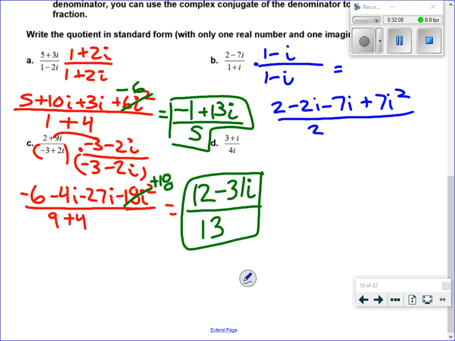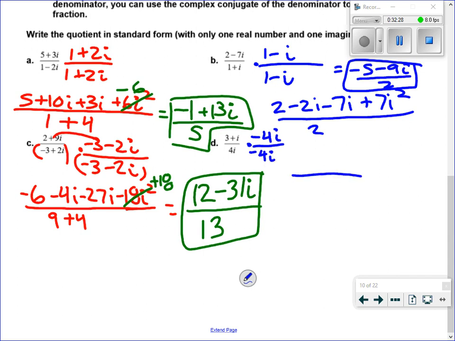Negative 5 minus 9i. Good, negative 5 minus 9i all over 2. So checking out D, what should you be multiplying your numerator and denominator by? Negative 4i over negative 4i. So your denominator is going to become 16, and your numerator would become negative 12i, and then what?